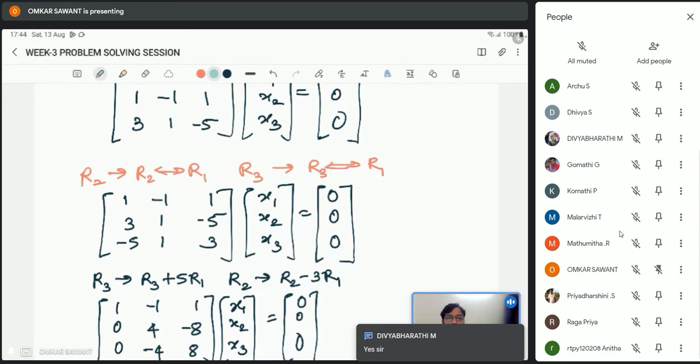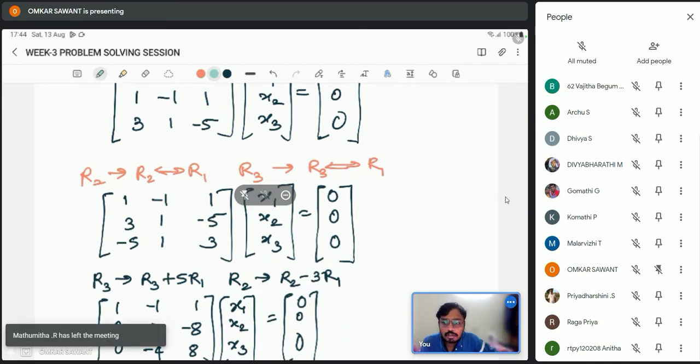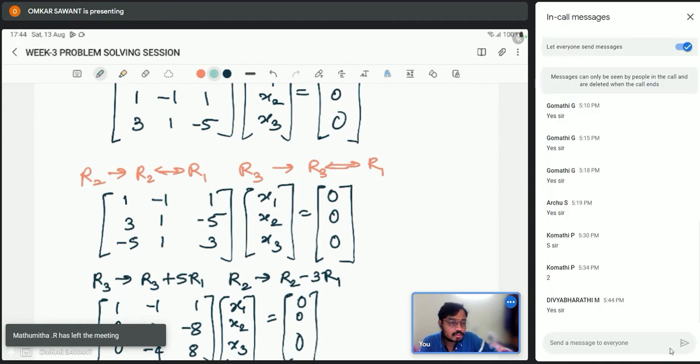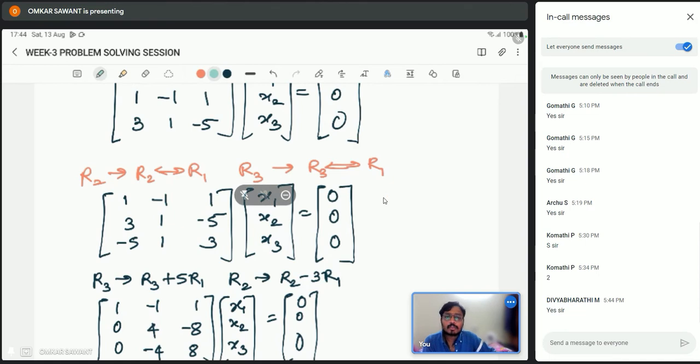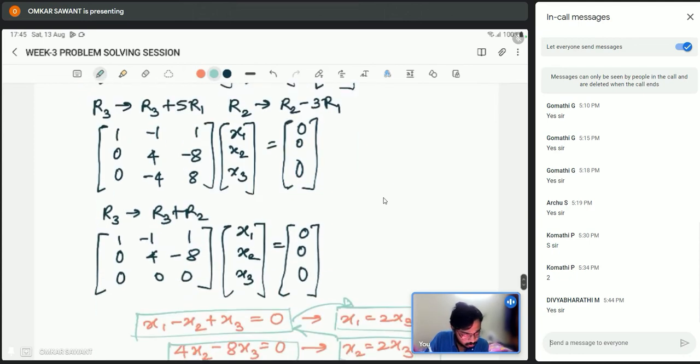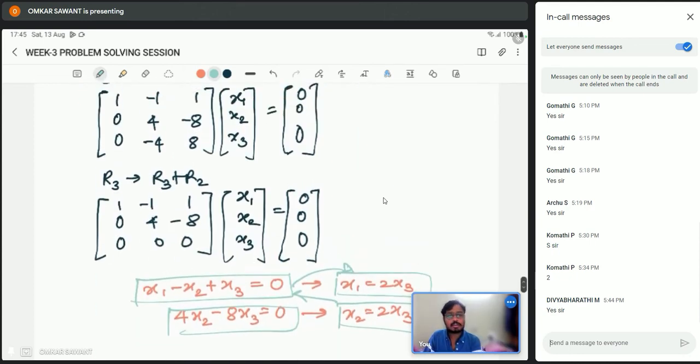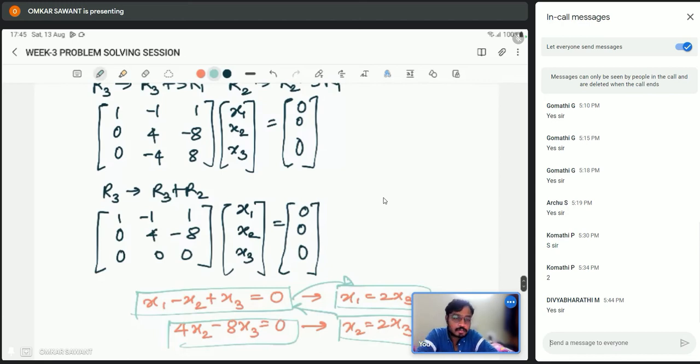Divya Bharti, did you get the answer of the eigenvector? You got the answer? If I am fast, please let me know. Okay. Take your time, but compute the answer correctly.